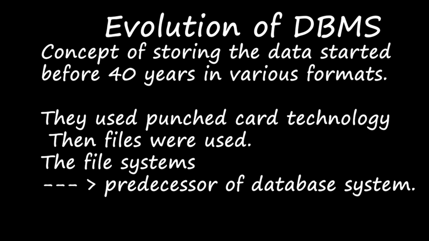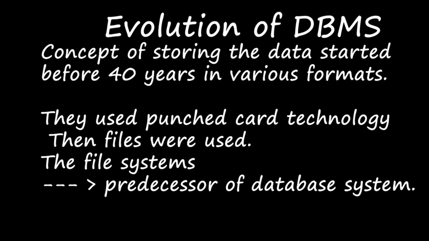Now we are going to see the evolution of DBMS, the evolution of database management system. The concept of storing data started 40 years ago. In the early days, they used punched card technology to store the data.